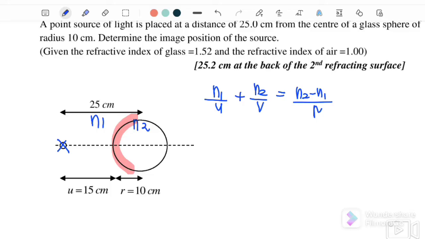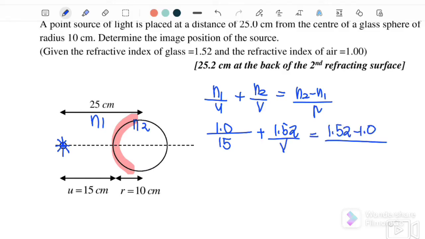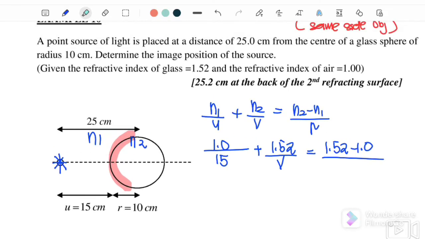N1 is air, because our object is located on the left hand side. So N1 is air, U is 15, plus N2, the glass, is 1.52 over V, equals 1.52 minus 1 over the radius, which is given as 10 cm. When you substitute the radius, you must refer to the surface.